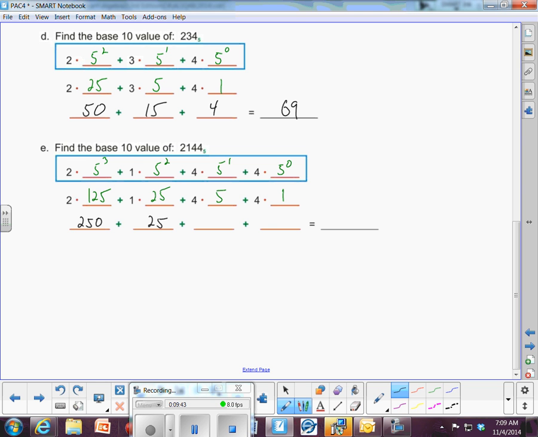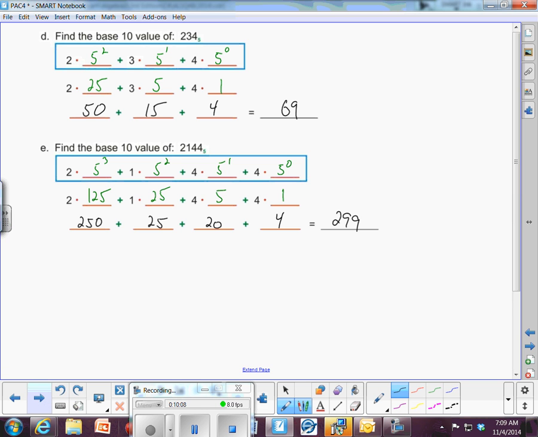This is a 25. This is a 20, and this is a 4. So 250 and 25 is 275, 295, 299. The number 2144 base 5 is actually the number 299. All right, interesting, huh?